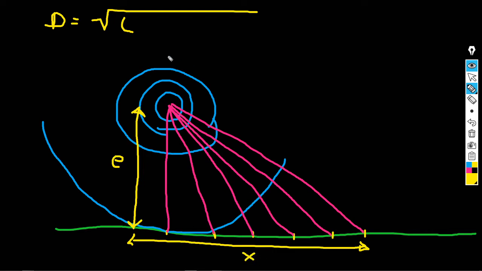So in this case, we would say that d equals the square root of e squared, which I'm sure you all know what squared means, plus x squared, and then you take the square root of it, and that would give you the length d for any one of these. Alright, so now we have an understanding, and we call that the Euclidean distance, or Pythagorean distance, whichever you want.